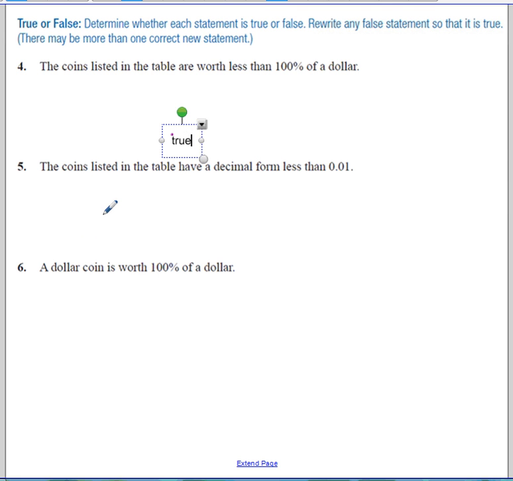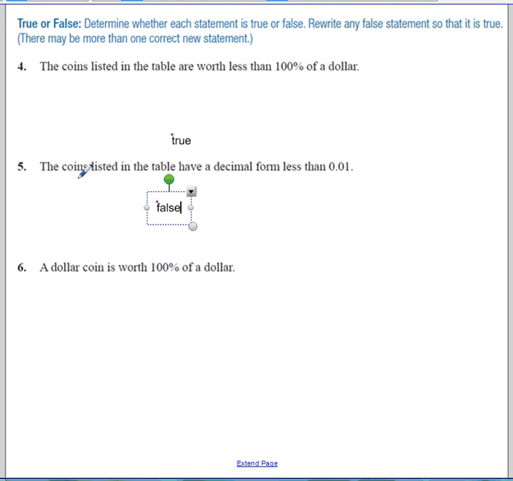The coins listed in the table have a decimal form less than 0.01. Less than means smaller than, and so that's not true. It is false because we don't have any coins that are smaller than a penny.